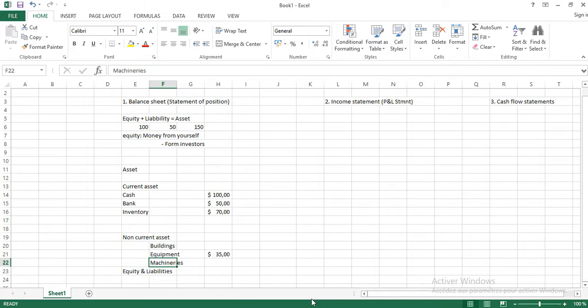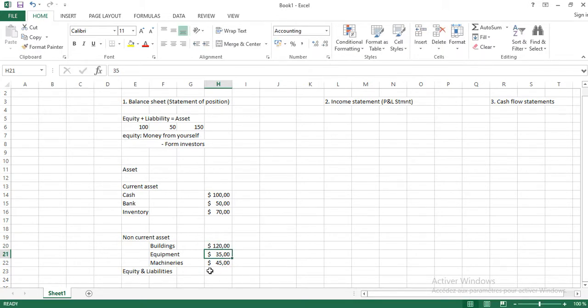Some machines can help transform a raw material into a finished good. This is what we call machinery. Assume the value of your machinery is $45. Then you have buildings, and assume the value of your building is $120.